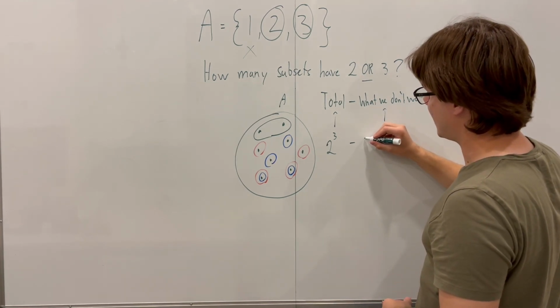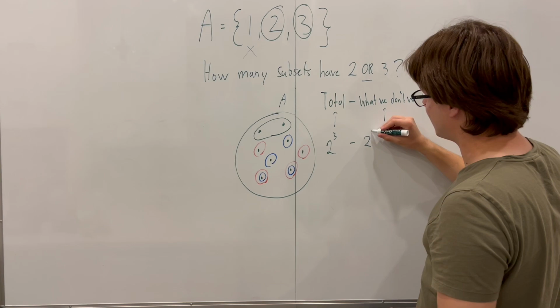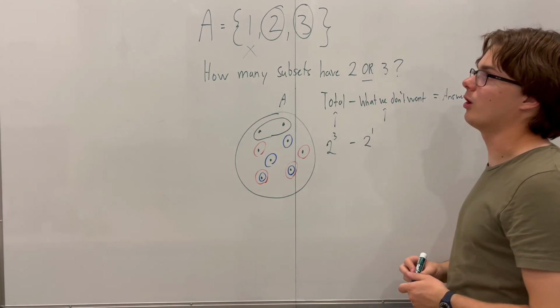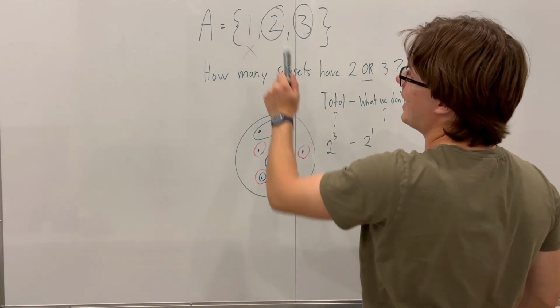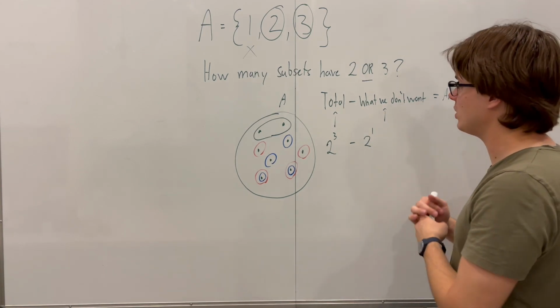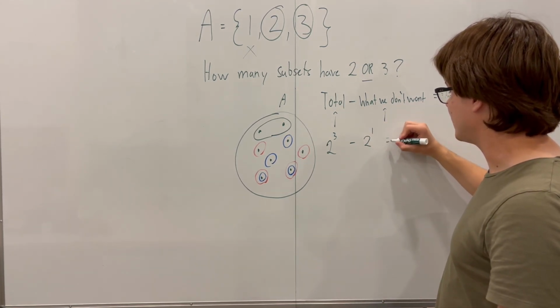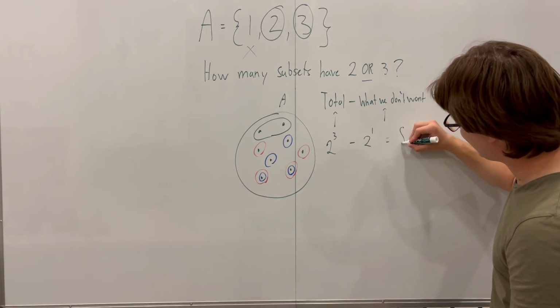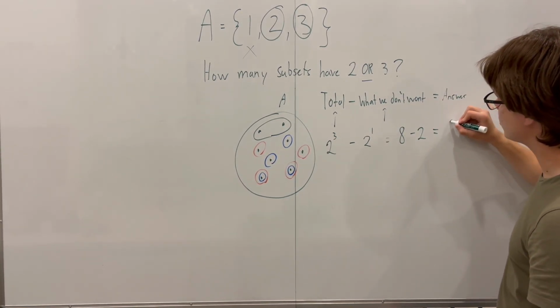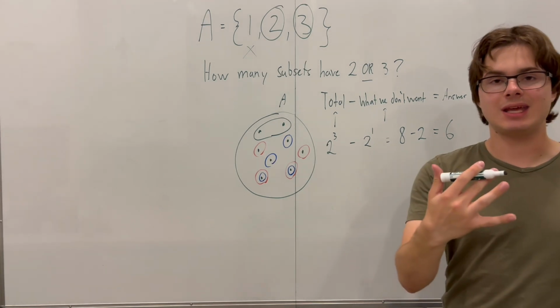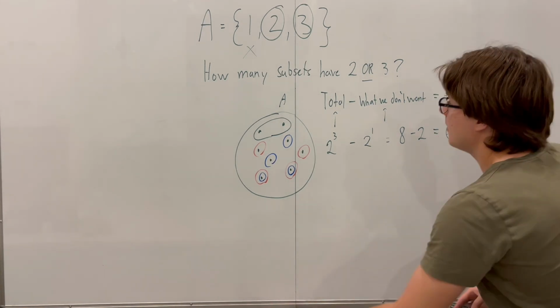That's like saying 2 to the power of n is equal to 2 to the power of 1, because we only have one element here that we don't want. We don't want all of the subsets that have this. So at the end of the day, what we're computing is 8 minus 2, which is 6, exactly the answer we got beforehand.